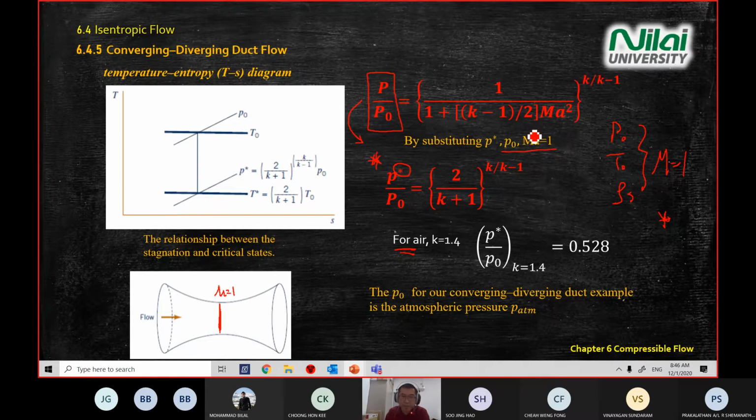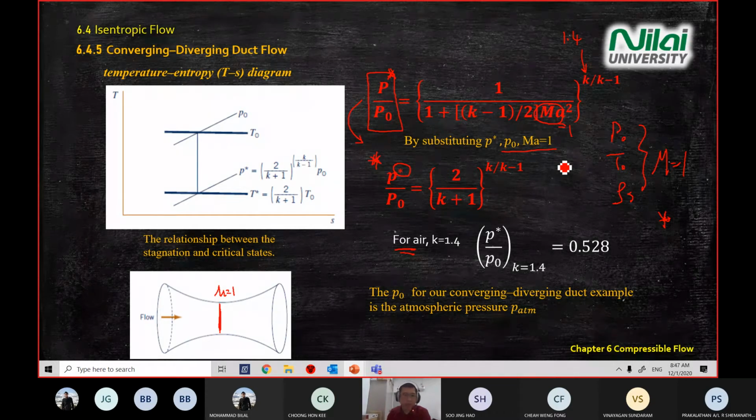So when you have the equal to 1 case, straight away you modify this equation with the star on the top, and the Mach number in the equation becomes 1. For k, you refer to table 1.8, depending on the medium that you're using. If air, it is 1.4. Clear?